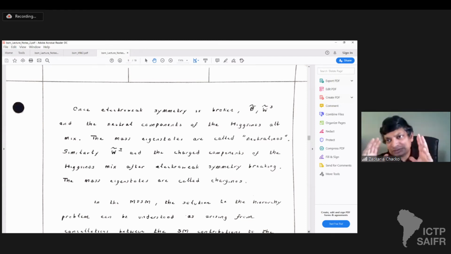Because there's a tremendous constraint from proton decay. We know the lifetime of the proton is 10 raised to 33 or 34 years, and that's a very difficult bound to satisfy if you're violating both baryon number and lepton number. You can violate one of them and the proton will be stable, but you can't violate both of them. So usually if your theory doesn't have R parity, you'll be sure to preserve at least one of baryon number or lepton number. And you can do that, and those theories are interesting.